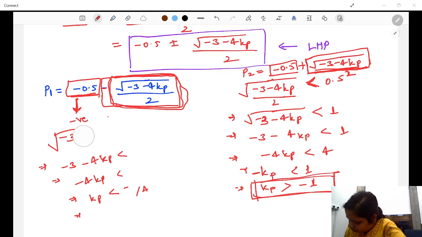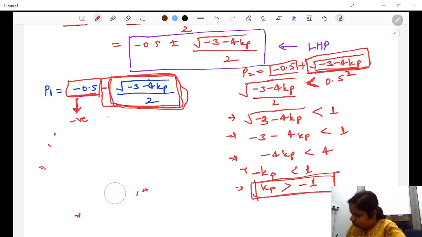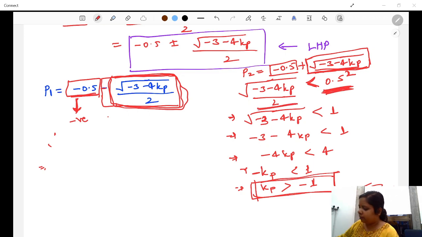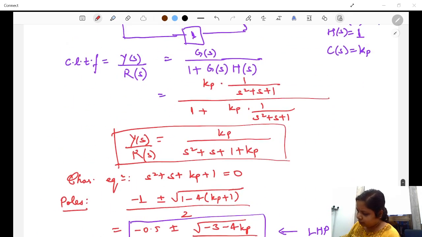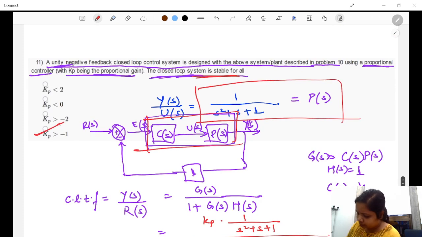No, we need not use this condition. This condition sufficiently gives you. So we need this term to be less than 0.5, and hence you get Kp is greater than minus 1.